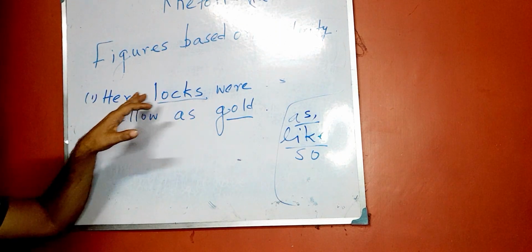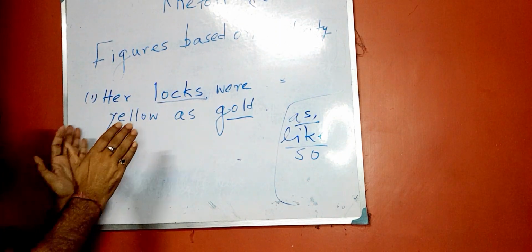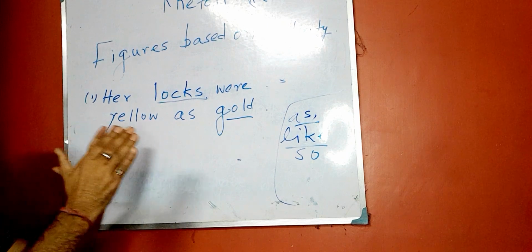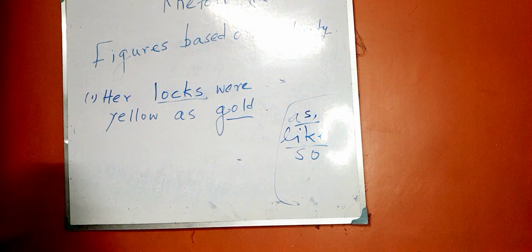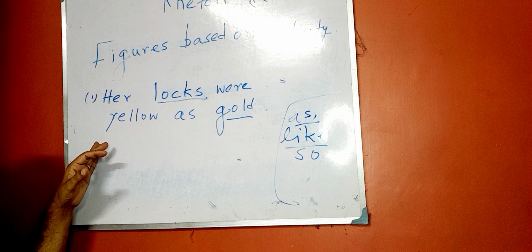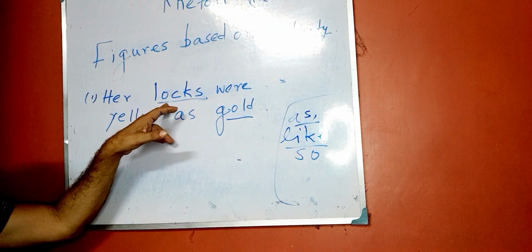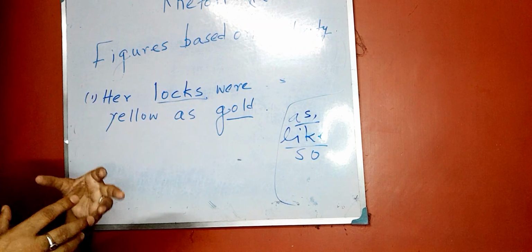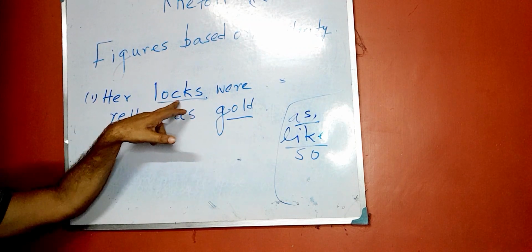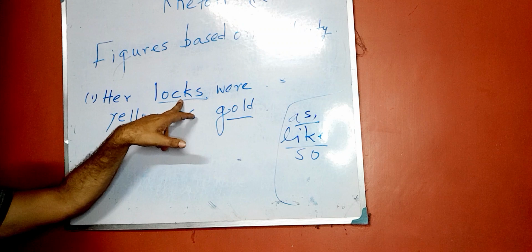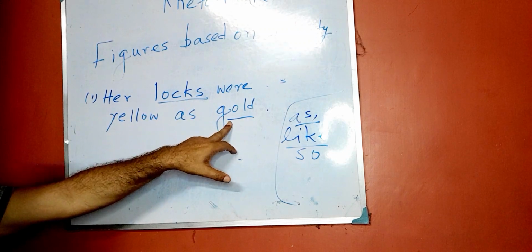Now, how can you write it? This is an example of simile. In the simile, two objects, locks and gold, are compared. Locks should be underlined, gold should be underlined.